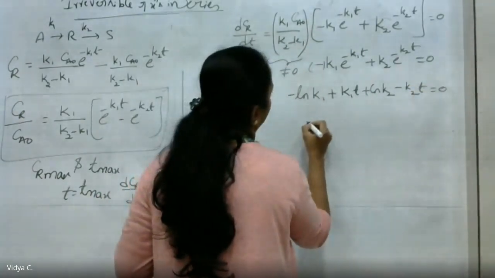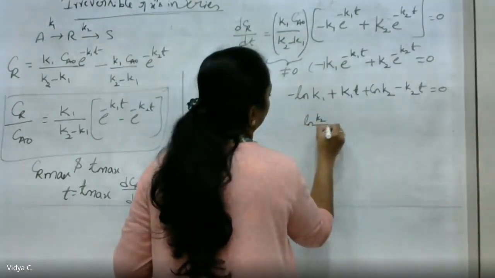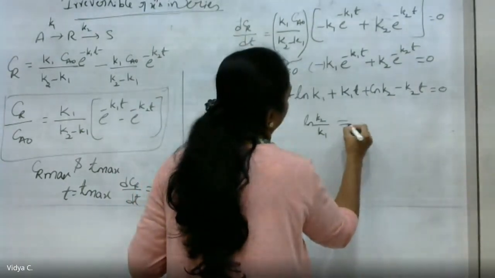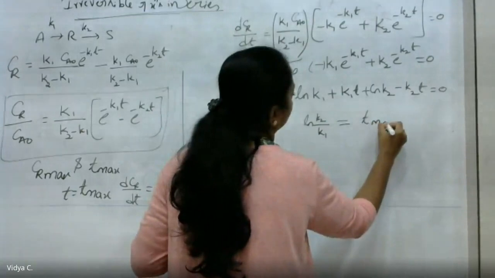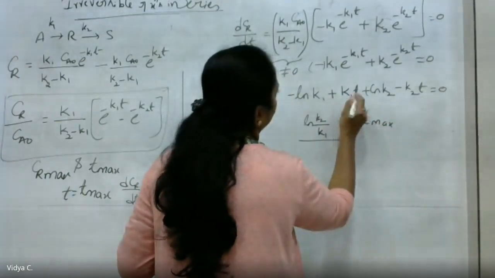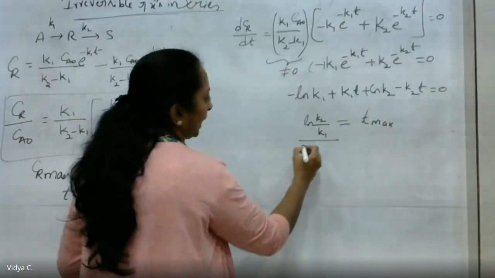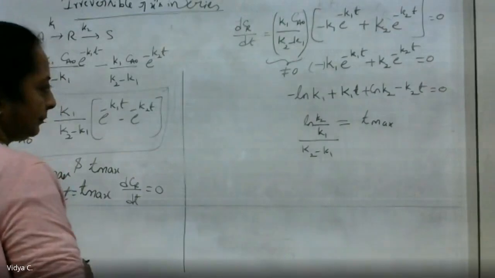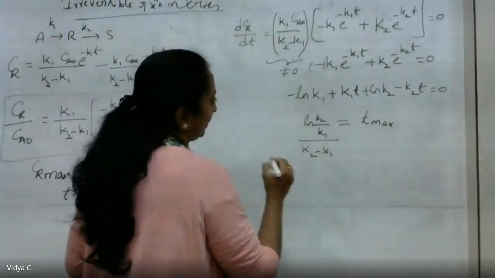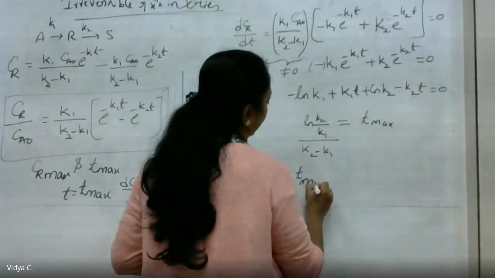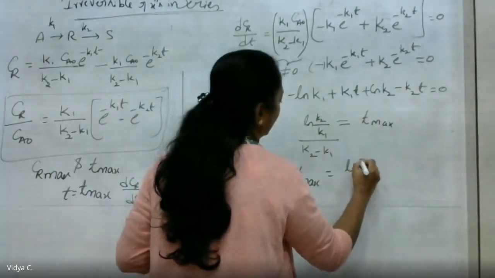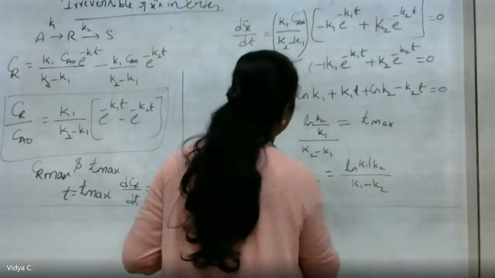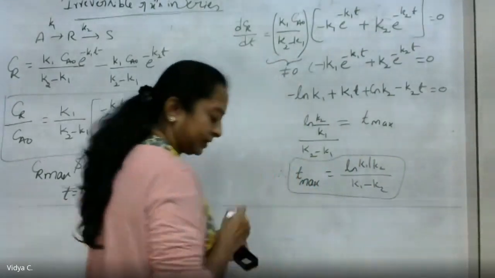So this can be written as ln of k2 by k1 equal to T max into k2 minus k1, or this can also be written as T max will be equal to ln of k1 by k2 divided by k1 minus k2. I take the equation in this form for further substitution.